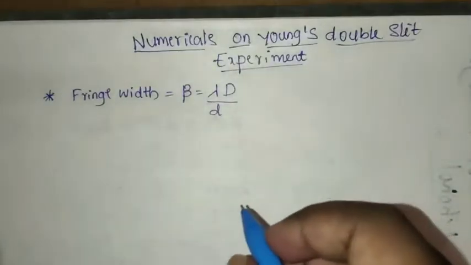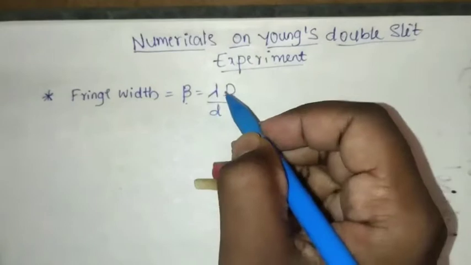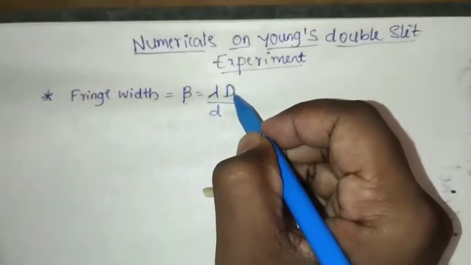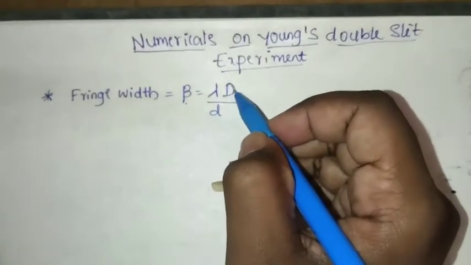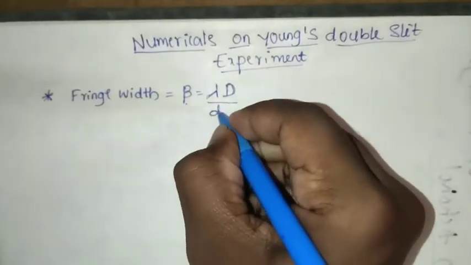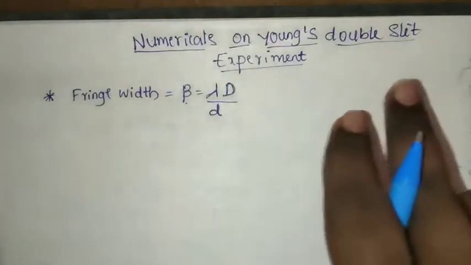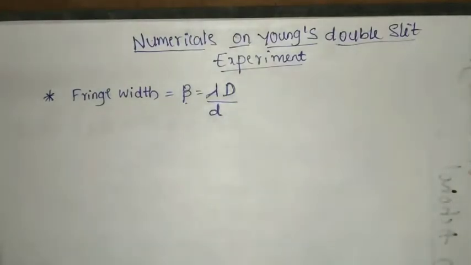Here beta is the fringe width, lambda is the wavelength, and capital D is the distance from the screen to the slits. Small d is the distance between the two slits. I will explain these terms in the diagram later.